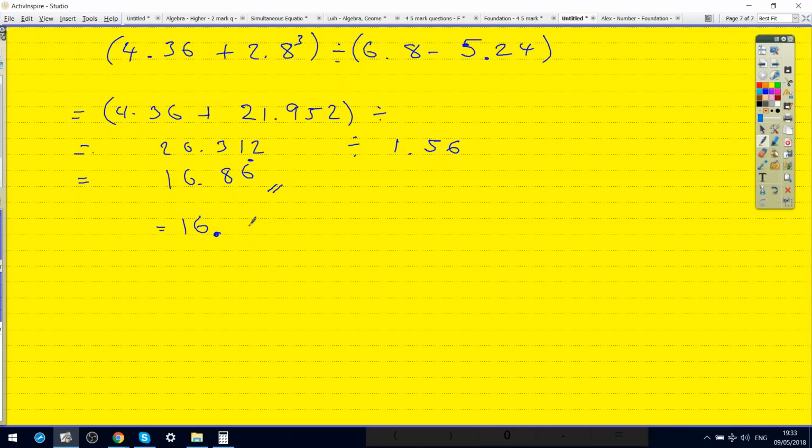Did they say to 1 decimal place? Yeah. So you need one number after the decimal. So that would be 8. Or would it be actually 9 because of the 6? Yeah, that's it. Yep. Any questions there? Nope.